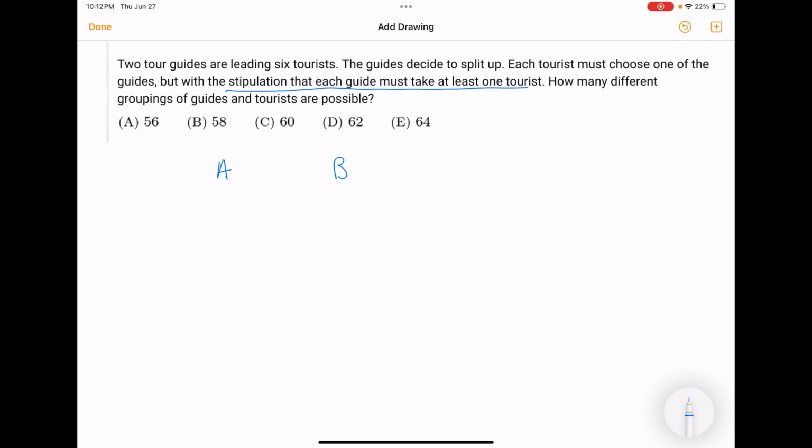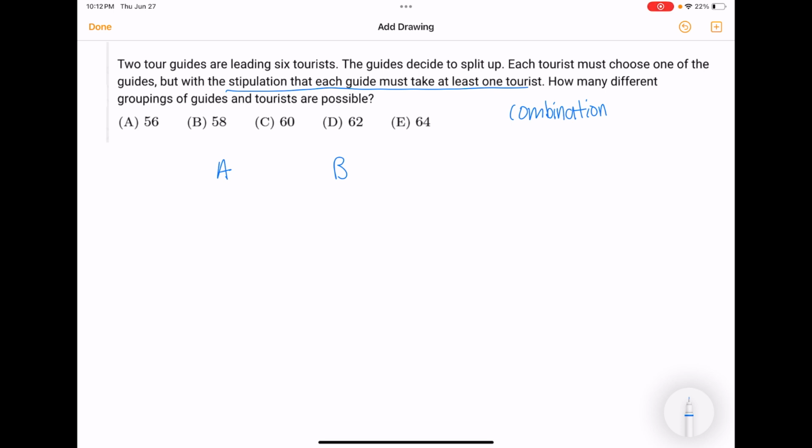And in this question, we are going to be using combination. And it is a selection of things in which the order does not matter.